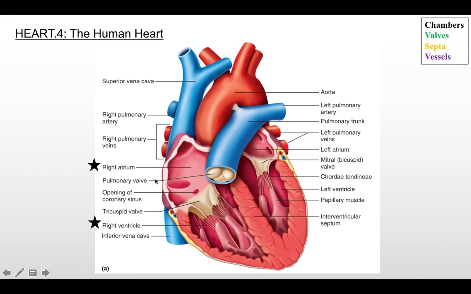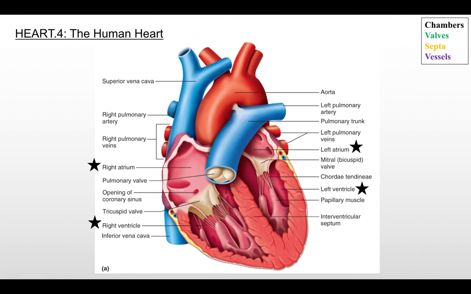It passively accepts the flow of blood, and then after it passes through a valve, we have most of the muscle power coming from the ventricle. So right atrium, right ventricle, left atrium, left ventricle, with the left ventricle being the most muscular and strongest of the 4 chambers because it's responsible for pumping blood out the aorta to the rest of your body.